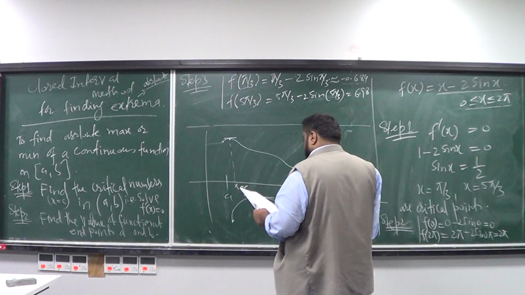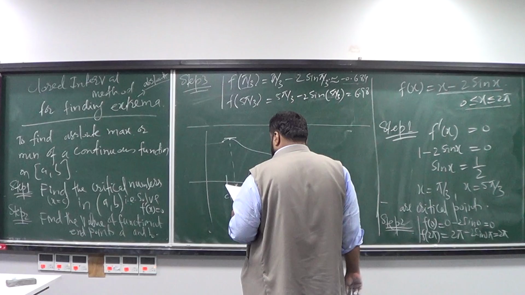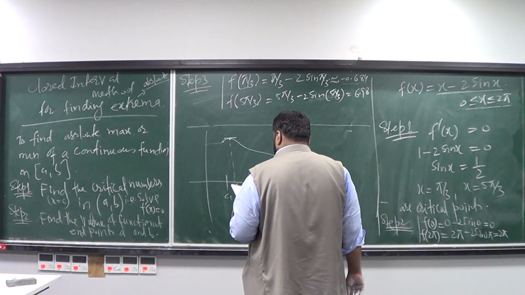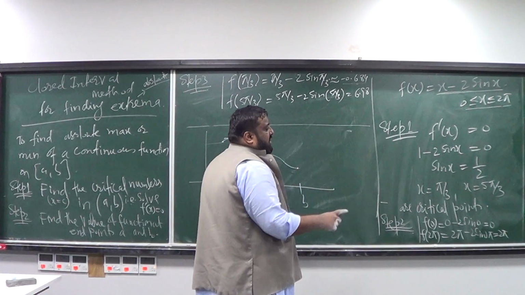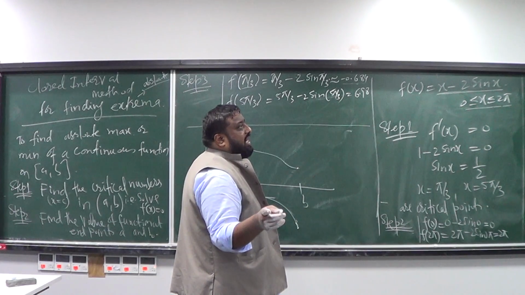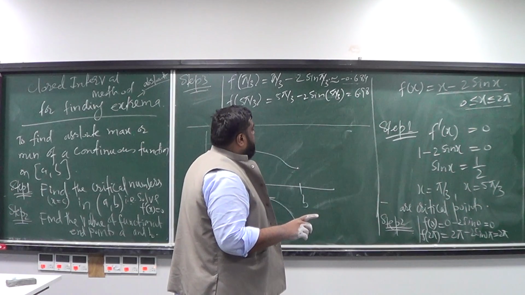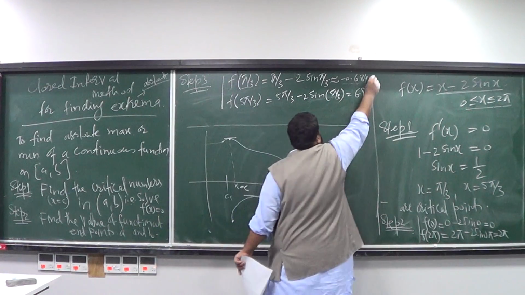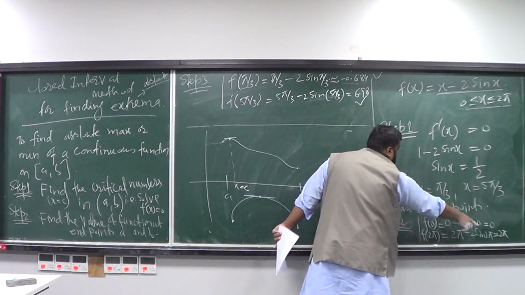So 2 pi is going to be what? Okay, so pi is 3.14, so 2 pi is going to be 6.2 something actually. Okay, so this is the smallest value and this is the largest value. Okay, so this is bigger than 2 pi.